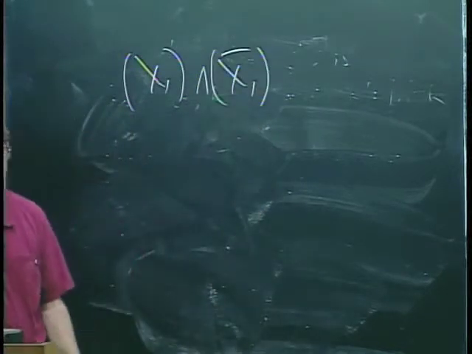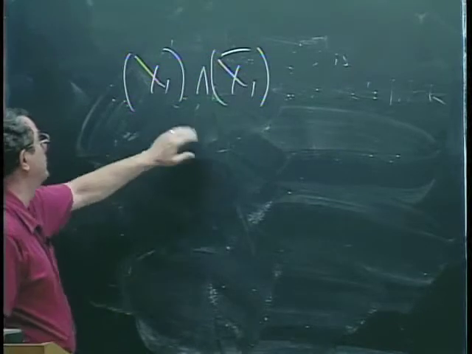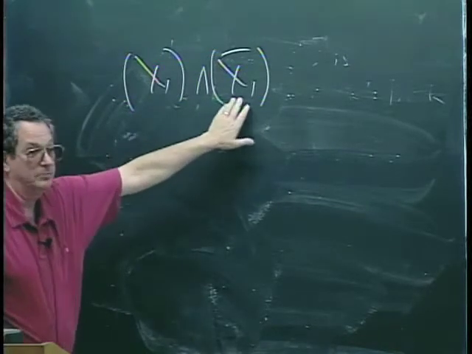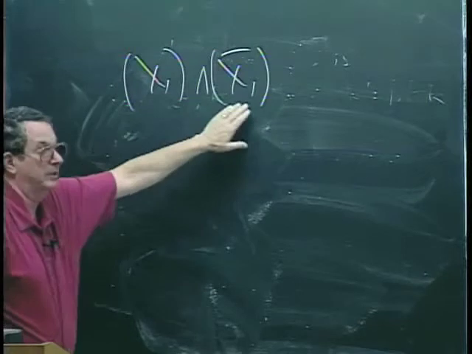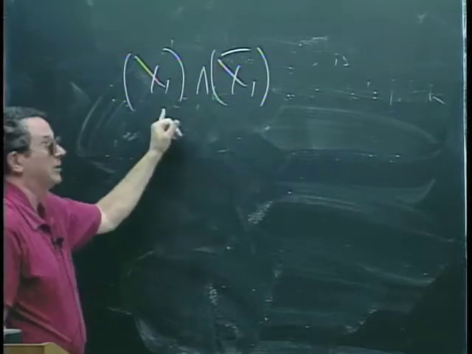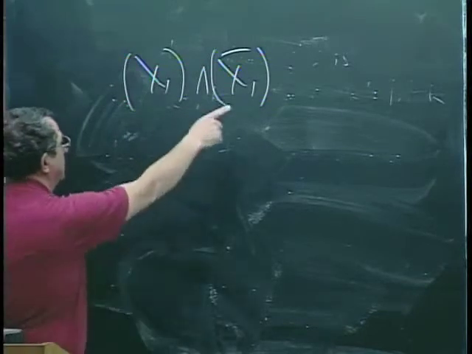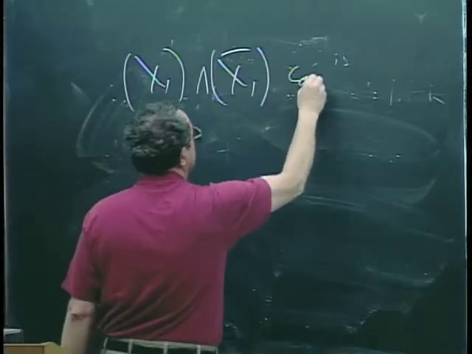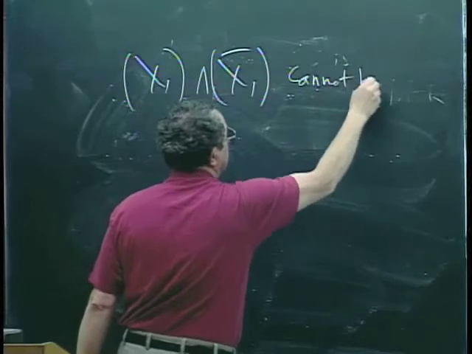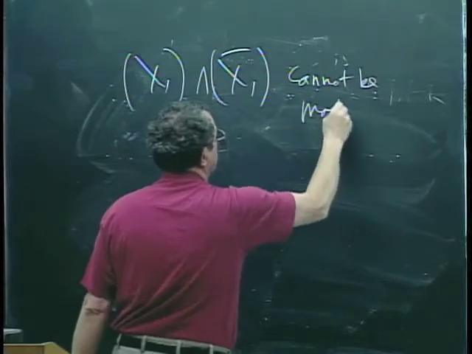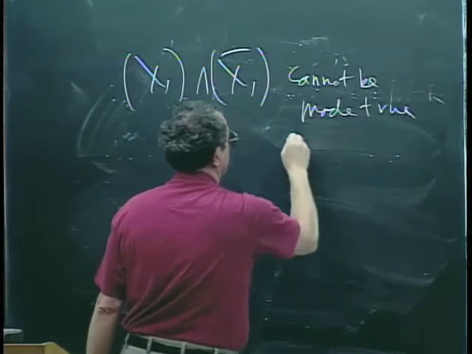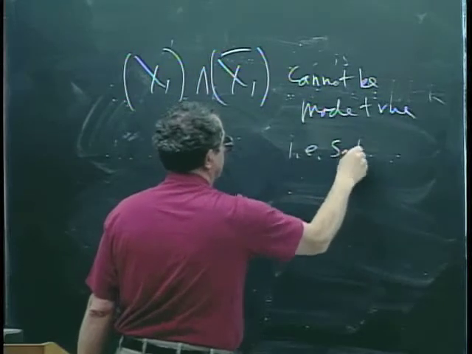Rather trivial, but you cannot make this true. If you make x1 true, you're making x1 bar false. If you make x1 false, you've made x1 bar true but x1 false. Okay, so that's no good. All right, so this cannot be satisfied, made true, and that means satisfied.